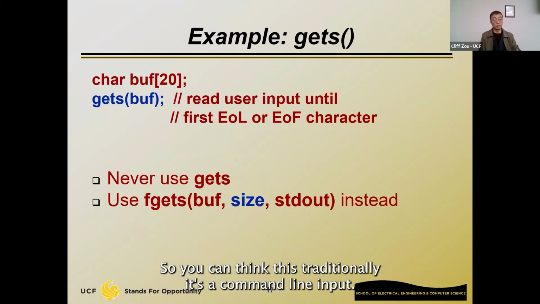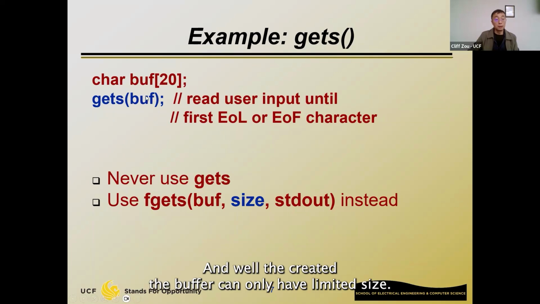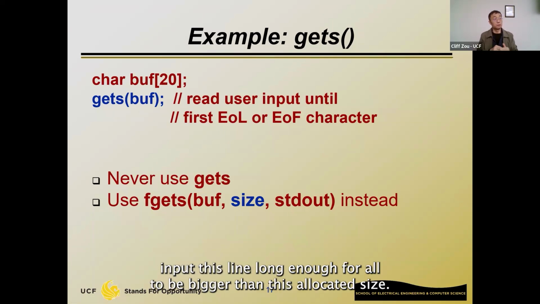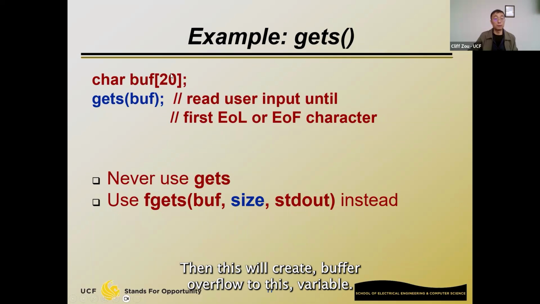So you can think of it traditionally as command line input. And the created buffer can only have limited size. So no matter how you define this limited size, an attacker can always input a line long enough to be bigger than this allocated size. Then this will create a buffer overflow to this variable.